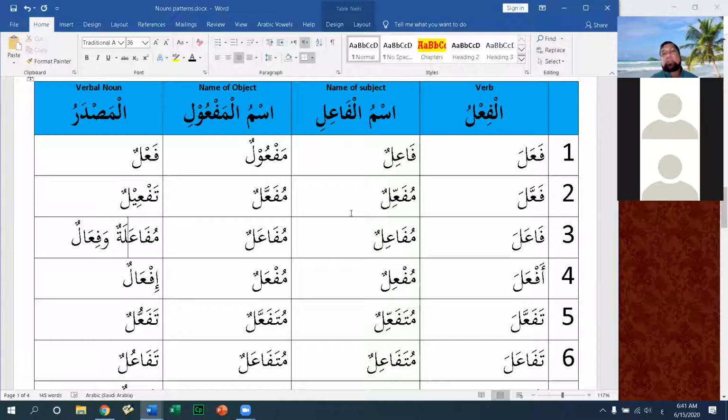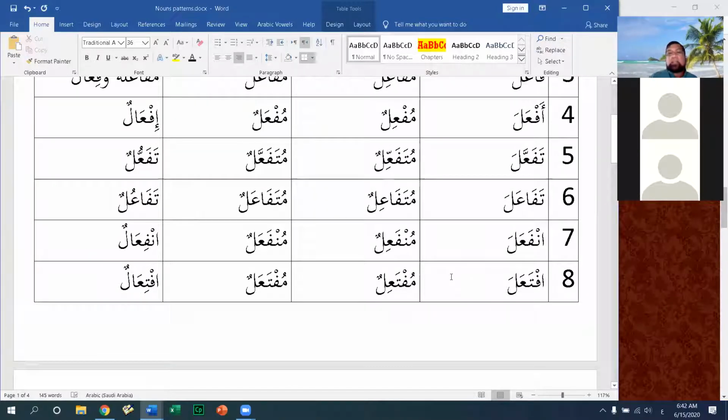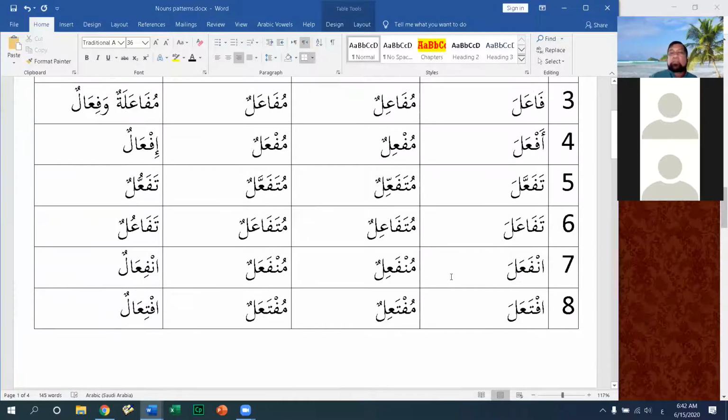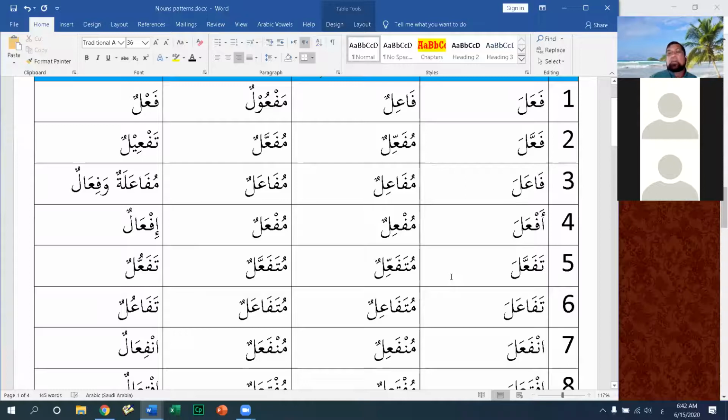And as we read Quran and we come across a word that is ismul fa'il or ismul maf'ul or masdar, we will come back to that and state it for you. Af'ala. So on the fourth pattern of the trilateral verb, I'll go through all 10, and then we'll probably jump into the Quran and look for some examples, inshallah. That would be a great exercise. So if we have af'ala, that's the fourth pattern of the trilateral verb.